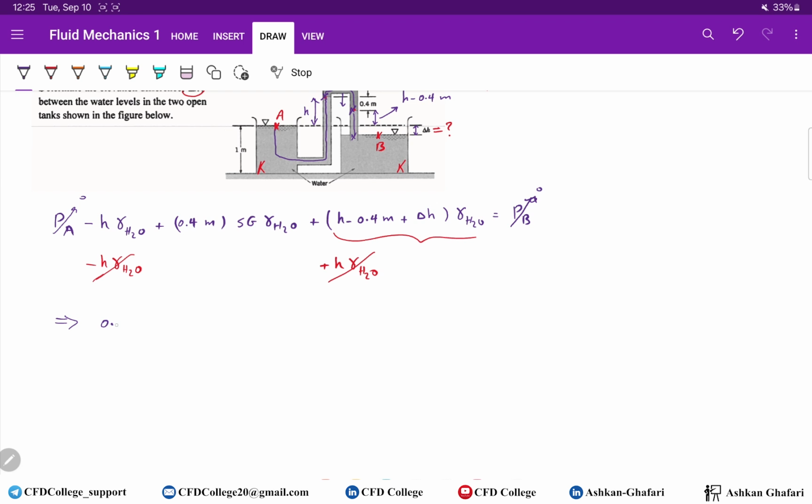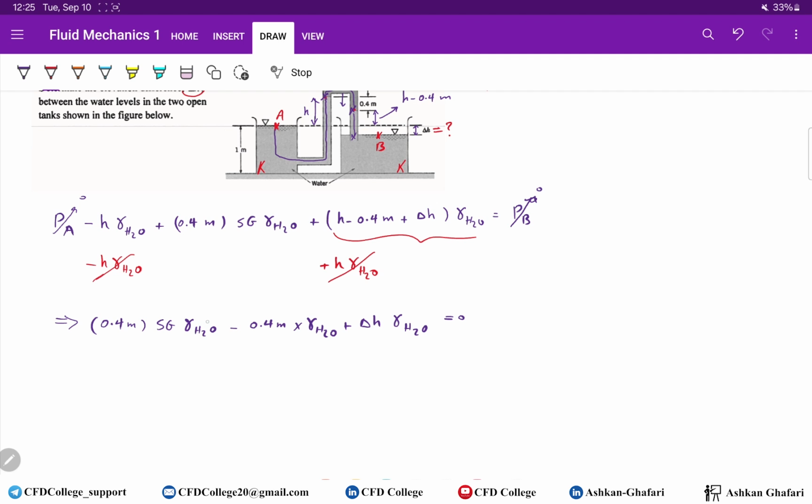We have 0.4 meters times SG times gamma of water minus 0.4 meters times gamma of water plus delta H times gamma of water equals 0.